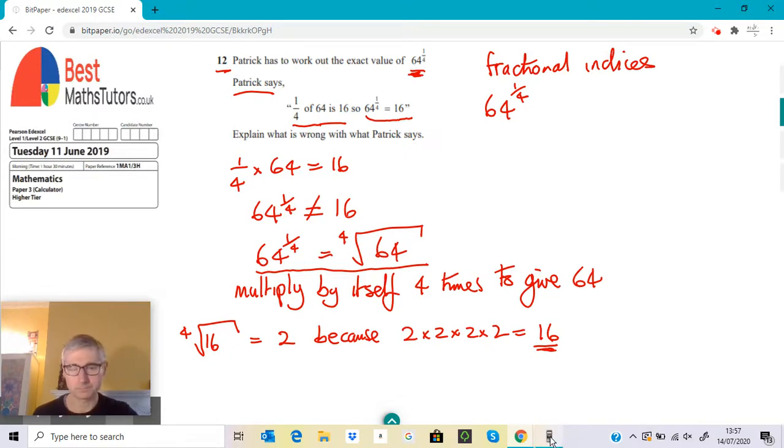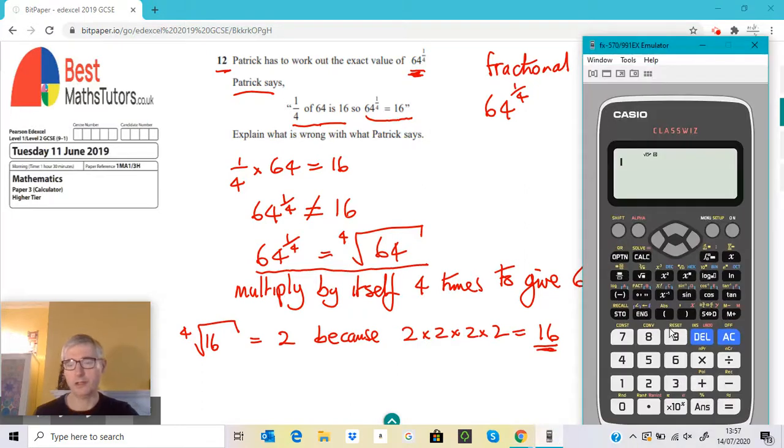Now, I'll do this on the calculator and we'll see that it's actually not a nice number, not a whole number or anything like that. To do this, we press the shift button, and then we can see in yellow there we've got a square root sign with 2 missing numbers.